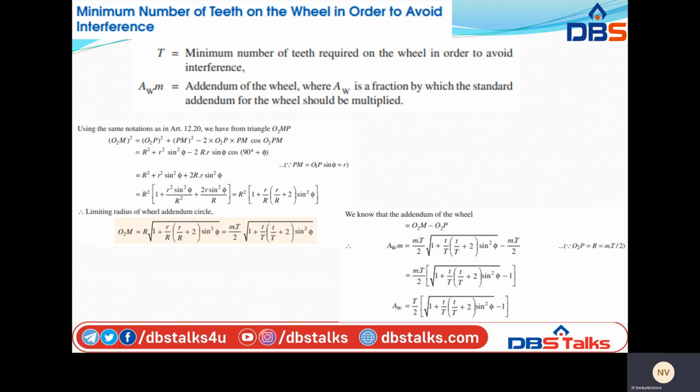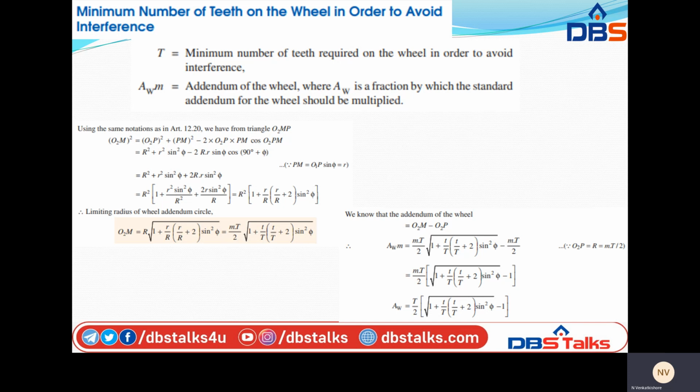So both are the same. Capital R square plus small r square into sin square phi minus cos (90 plus phi), where cos (90 plus phi) means minus sine. So there is already a minus 2 capital R into small r sin phi there.